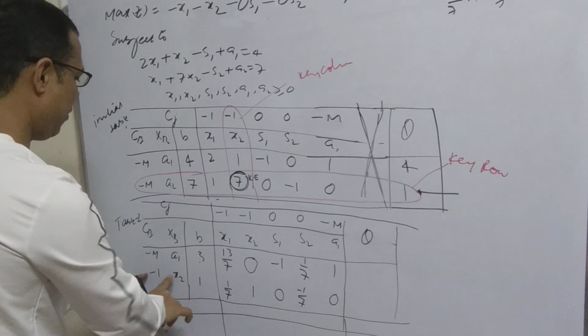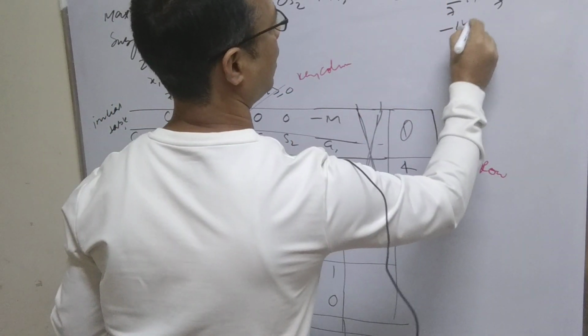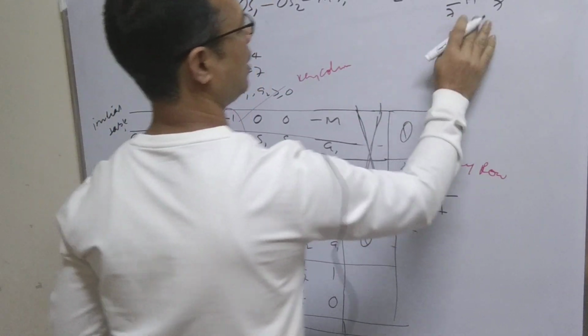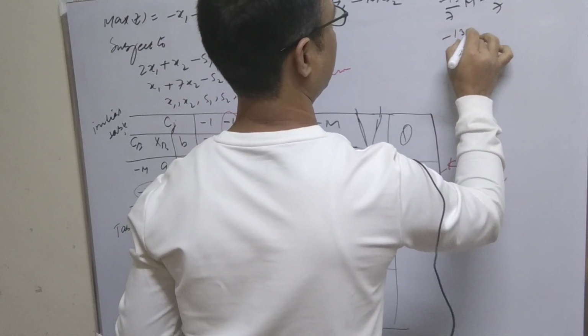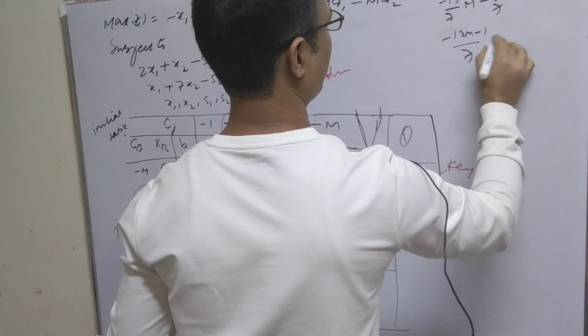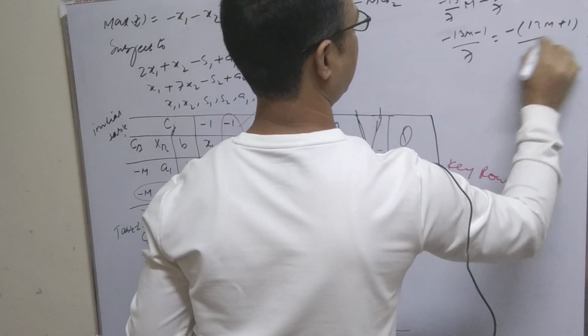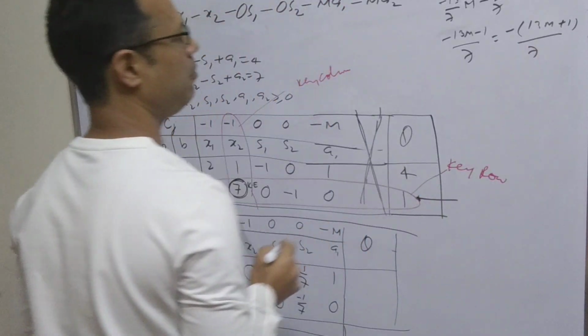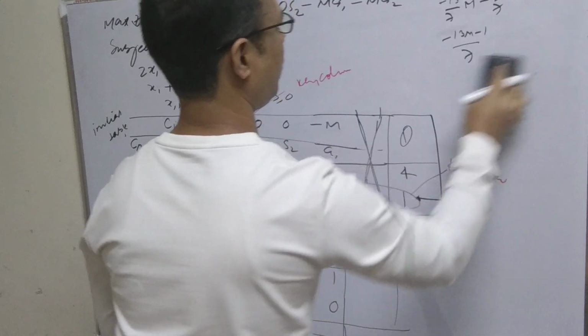If you multiply this one, minus 1 by 7. Just add these two values. There is no m here, so we take the 7: minus 13m minus 1. If you take the minus common, it is 13m plus 1 divided by 7. Or you can just write the same as whatever you have got.